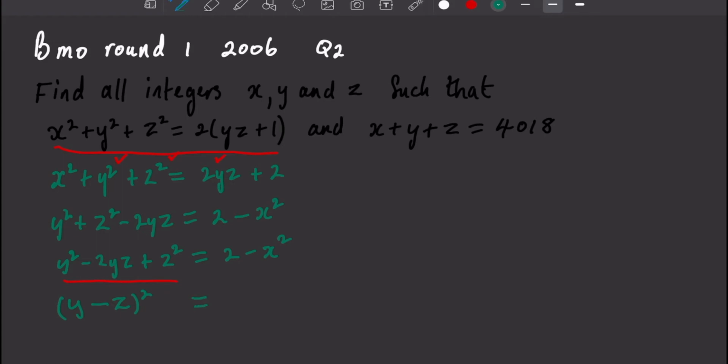So what I want to do now is make both sides a difference of two squares. I can do that by splitting the 2 up into 1 plus 1 minus x squared.